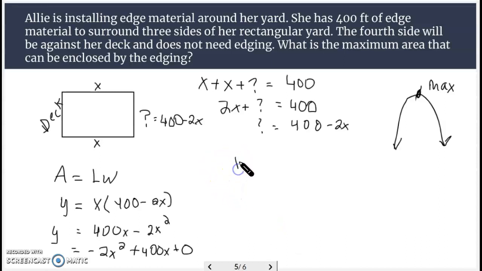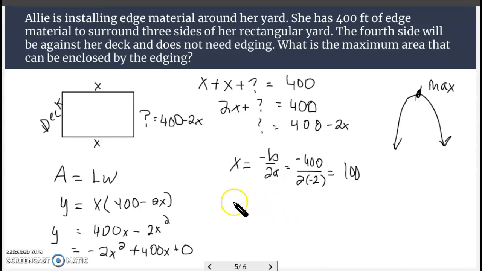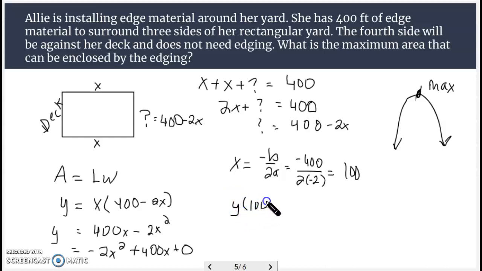Now, the coordinates of a vertex: negative b over 2a. So in this problem, negative b would be negative 400. 2 times a would be 2 times negative 2. Negative 400 divided by negative 4 is positive 100. And then to find what the actual maximum area is, we're going to stick 100 back into the function.